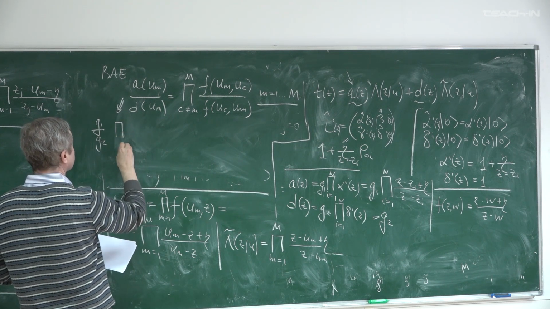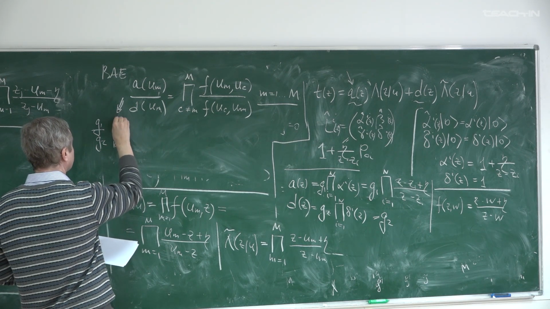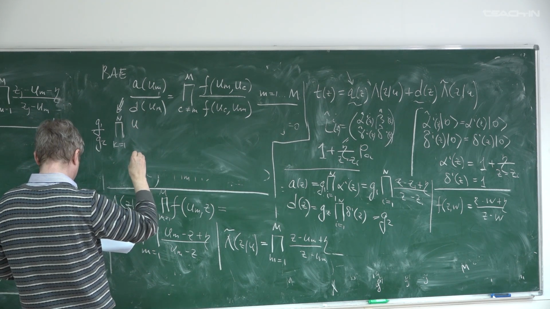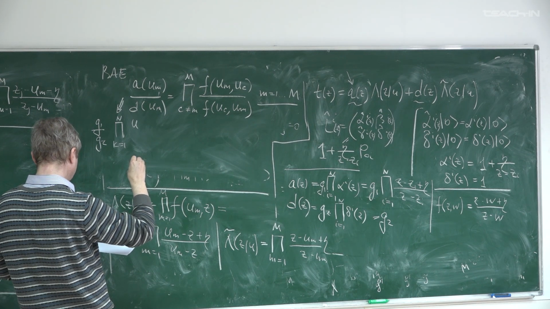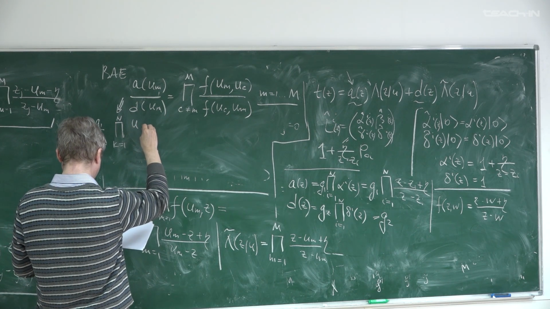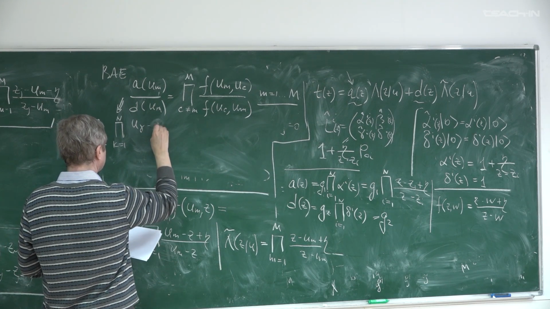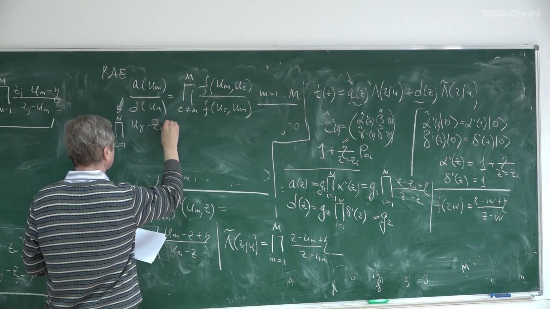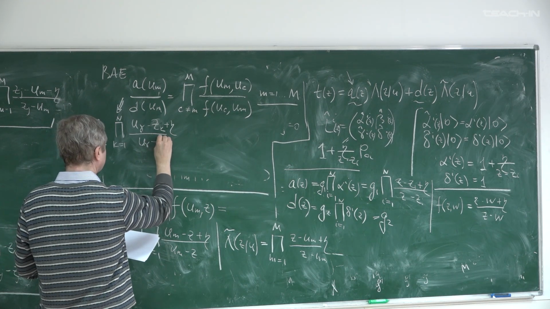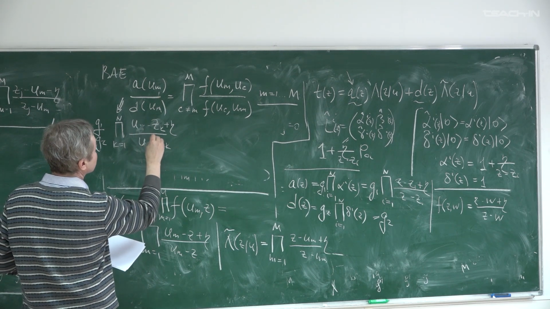From the left-hand side we have a product from 1 to N large, the number of sites, of u_m minus z_k plus eta divided by u_m minus z_k.